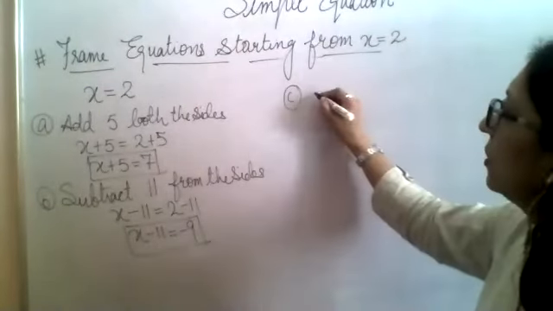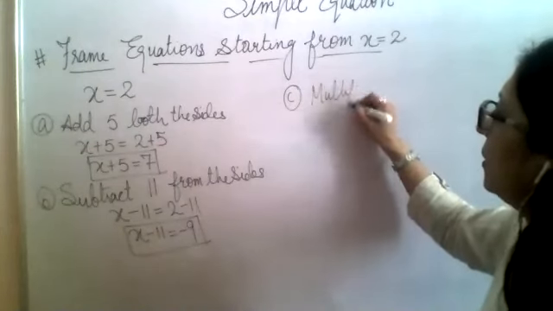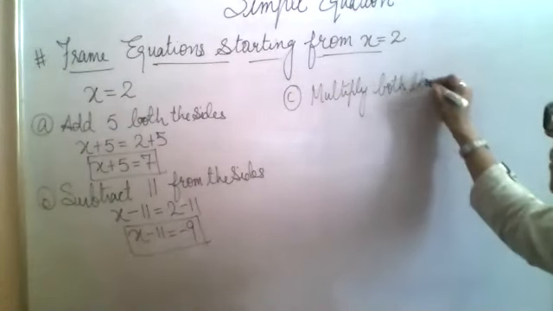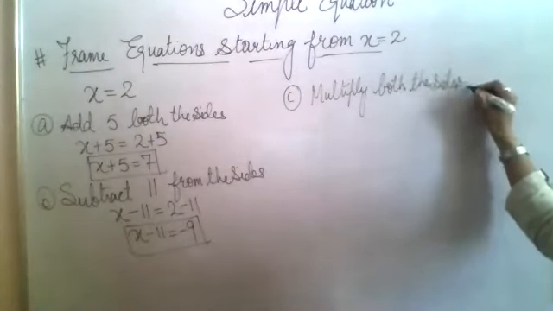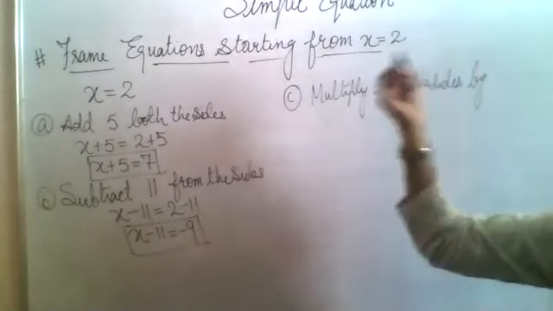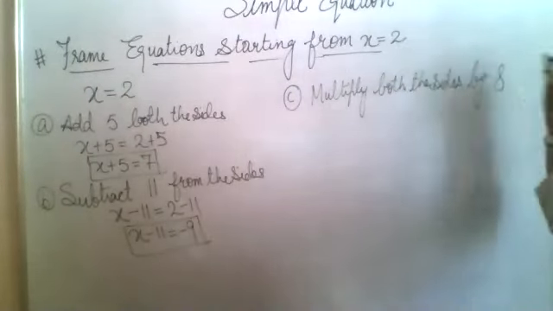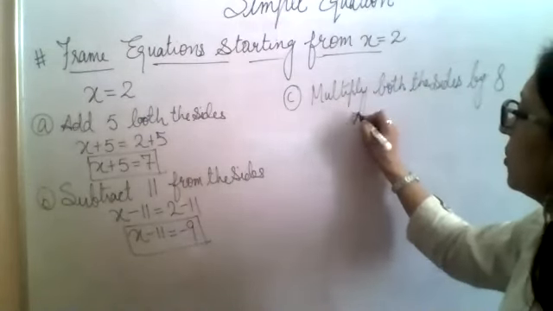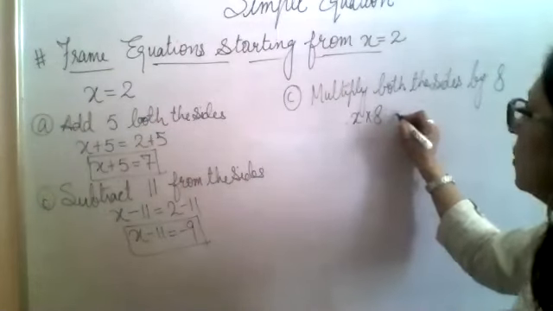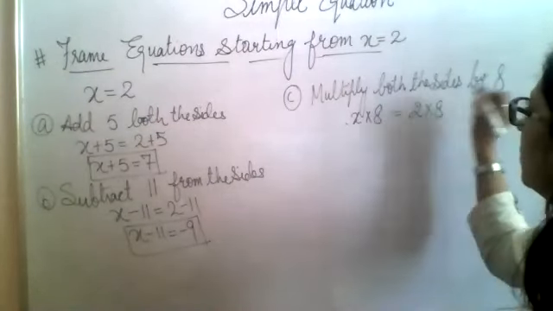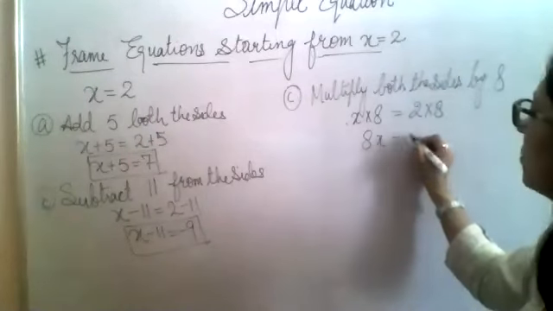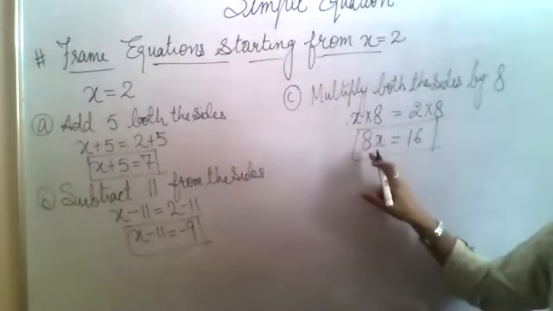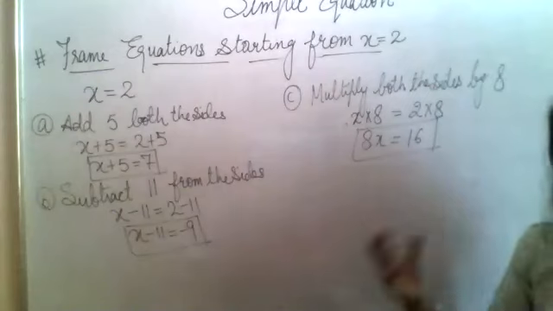Another operation: multiply both sides. You can take 9 or you can take 8, no problem. Multiply by 8. So it will look like 8x is equal to 16. And you know when you solve, this is in multiply, will go in divide. 16 divided by 8 is 2 only.